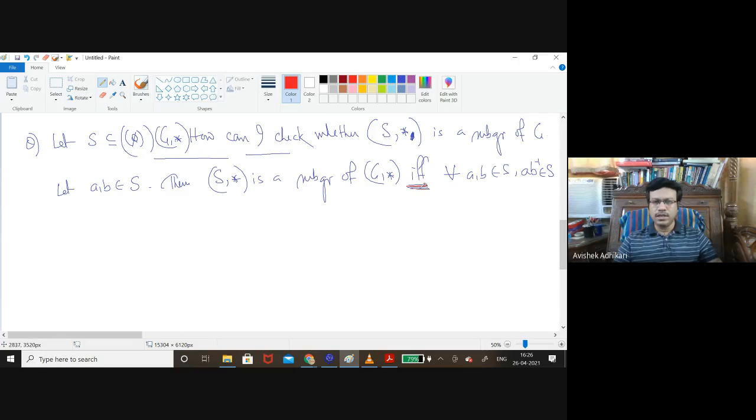It should not be that it happens for one or two elements, but for all a, b belonging to S, a b inverse must also belong to S.